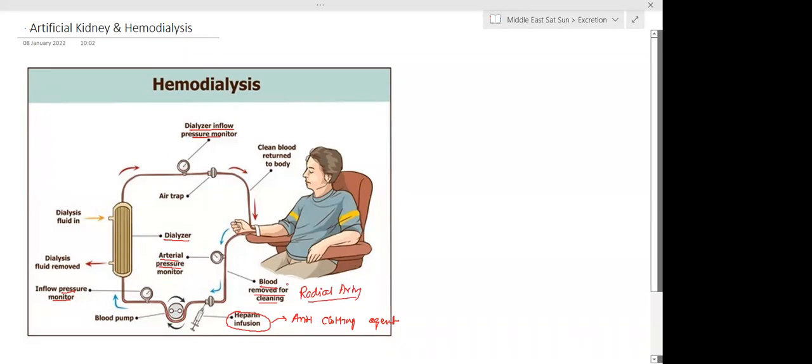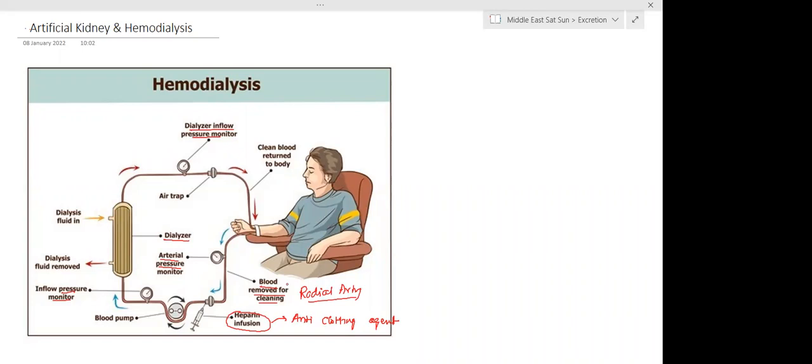Often it is the radial artery. In the radial region we have two bones, radius and ulna. The artery which passes along the radius is called the radial artery. Often it is the radial artery. Full stop.